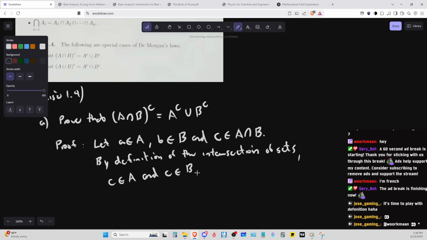So according to the way that, if we have a complement of A, then that means it's not in A. I'm trying to do what Sasha suggested whenever he told me about proofs. Think of the right hand side as the challenge.